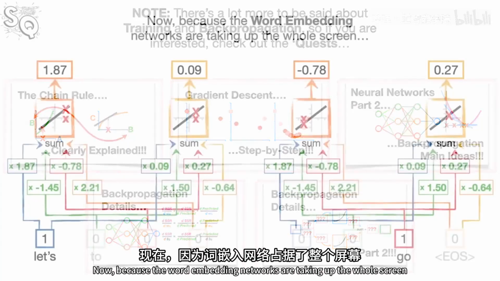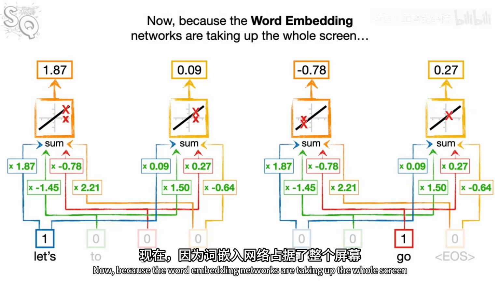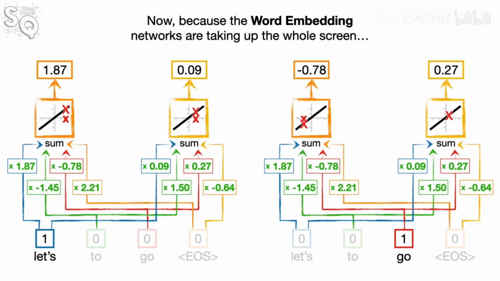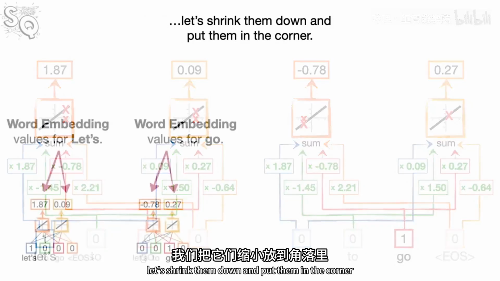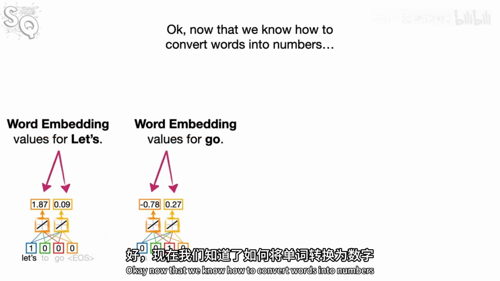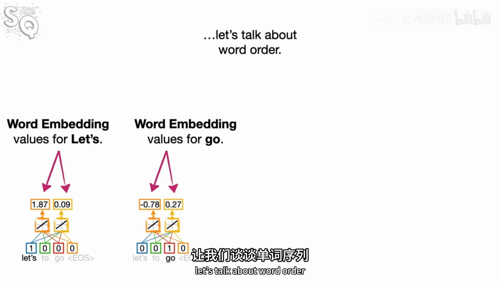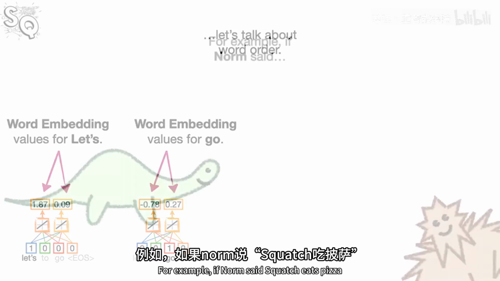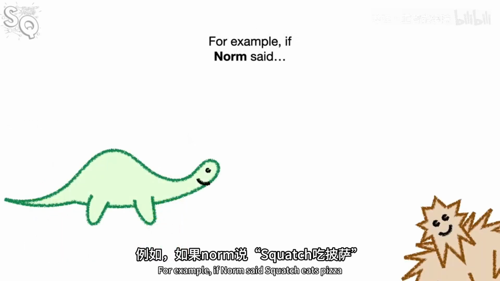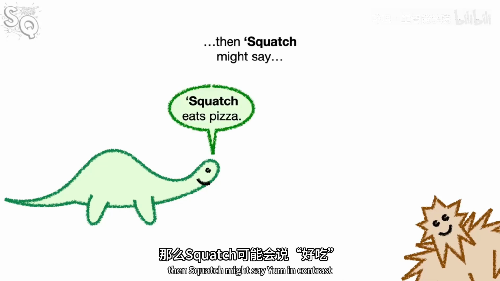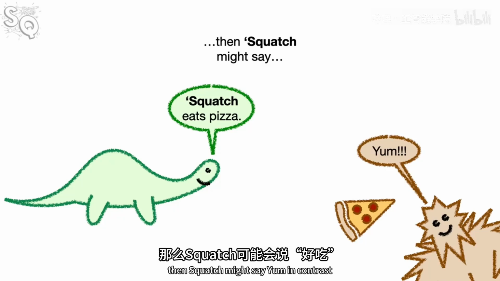Now, because the word embedding networks are taking up the whole screen, let's shrink them down and put them in the corner. Okay, now that we know how to convert words into numbers, let's talk about word order. For example, if Norm said, "Squatch eats pizza," then Squatch might say, "Yum."